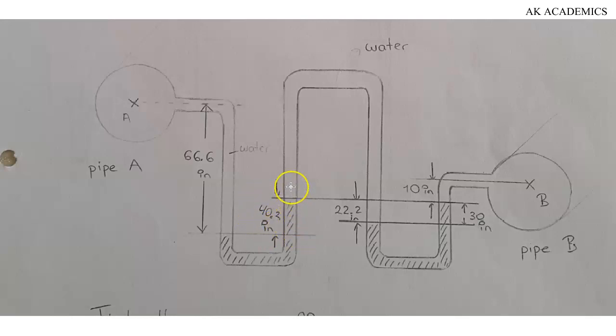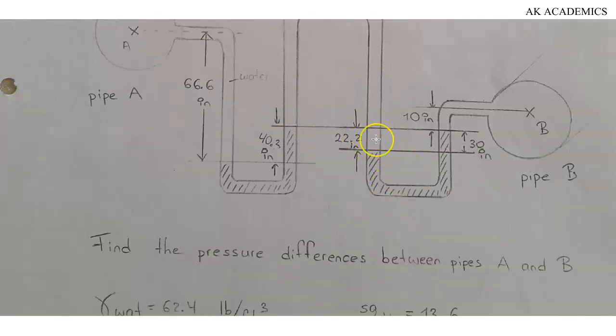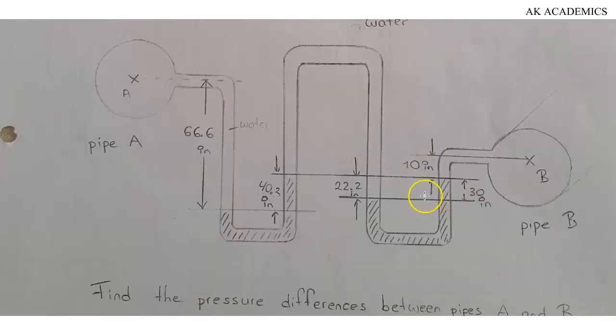Then we keep going, and right here we have water. The height of water given here is 22.2, and this is going to be flowing down. If this is flowing down, that simply means it will be negative, so it will be minus 22.2 inches. We are going to represent this with a negative notation. Also, right in this manometer, we have another liquid, and it is going up.